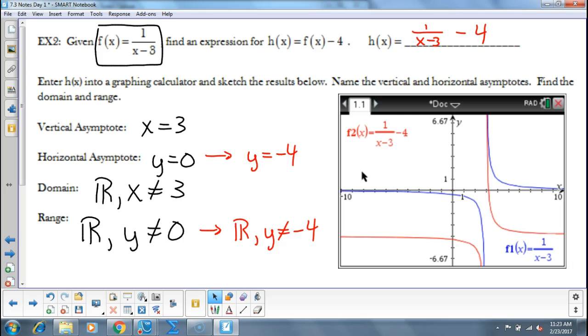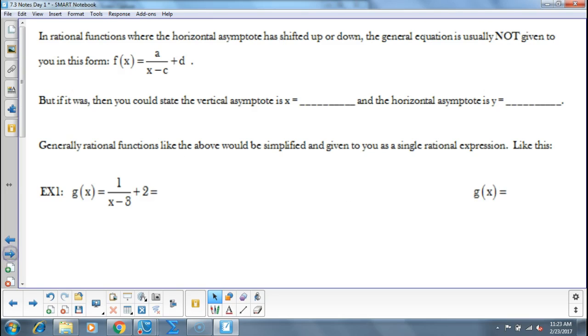Okay. All right. Now, in a utopian world, we would have all of our functions that look like this. This would be what all of our functions look like.